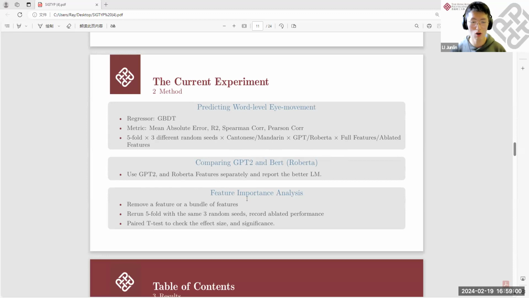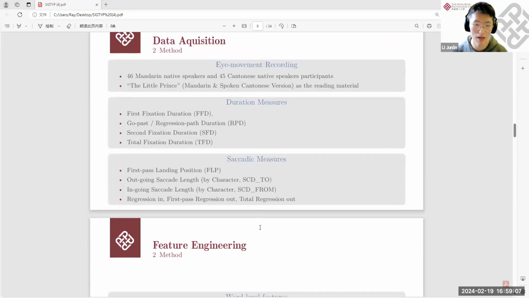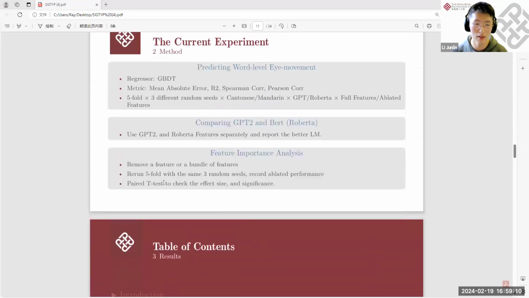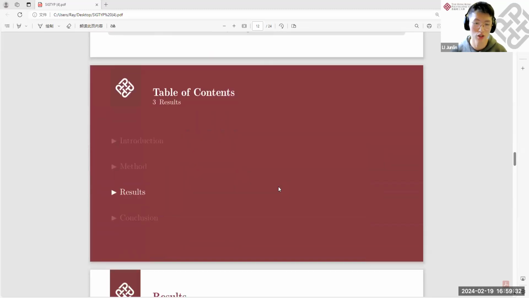And we also report how different compositions of features perform on predicting all the eye movement measures. And we use paired t-test to check whether the exclusion of a certain feature or a given bundle of features will realistically reduce the performance of our regressor in terms of a given eye movement measure.